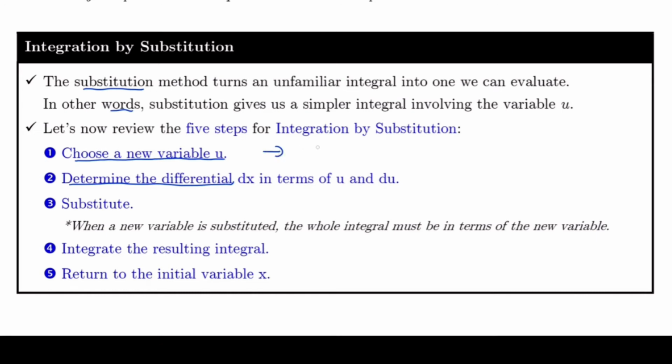So first, choose u. Second, we need to differentiate. Third, we substitute. And number 4, integrate the resulting integral. For this one must be in terms of u. And the last one, return to the initial variable x.